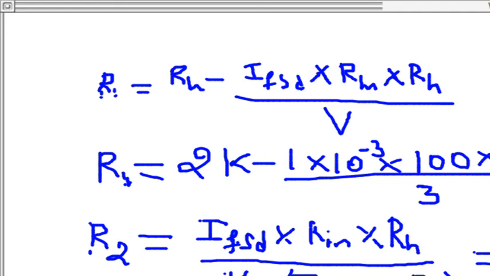So now the voltage will become 3 volts minus 0.15, which becomes 2.85 volts.